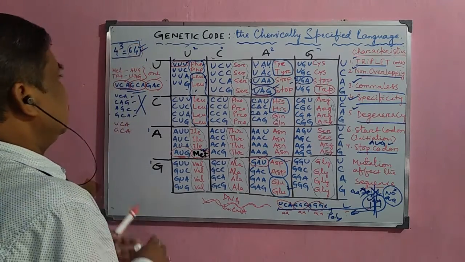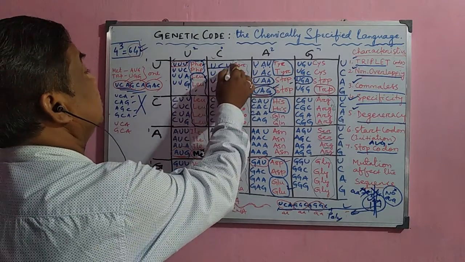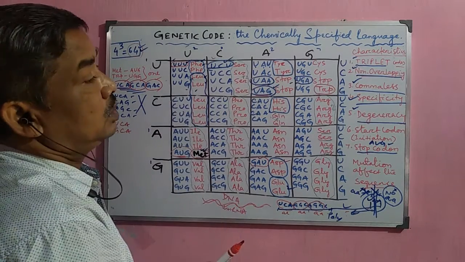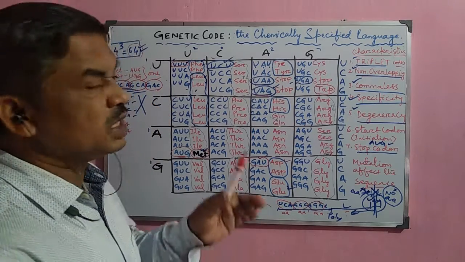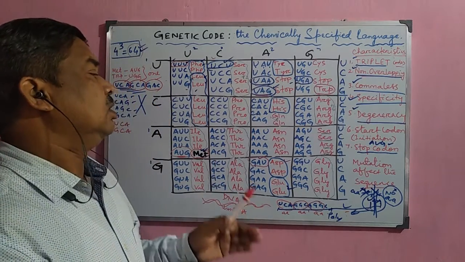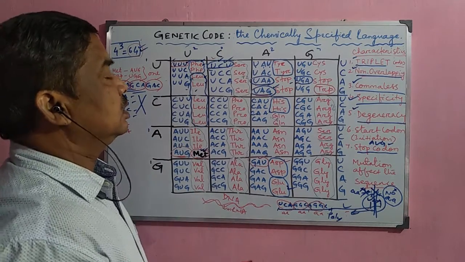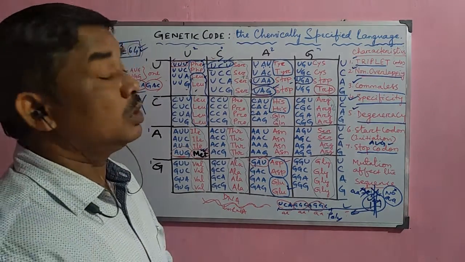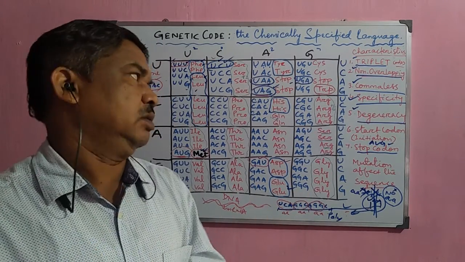Now, the polypeptide chain is formed by the direction of the codons in the mRNA, but if there is any alteration or change in a nitrogenous base, then what will happen? It will change the entire sequence of the polypeptide.